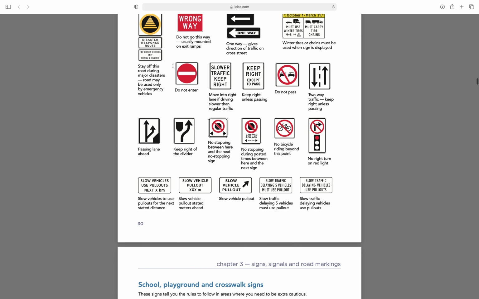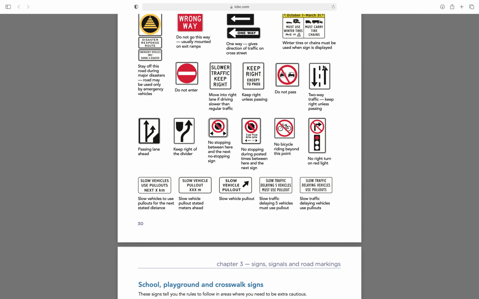Do not enter, another one that you'll find just when you're going the wrong way or to keep you from going the wrong way. Slower traffic must keep right. So you always have to keep right if you're going to be slower. You want to pass on the left. This one just tells you not to pass. This one will show you, see the broken line, that means you can pass over the line.